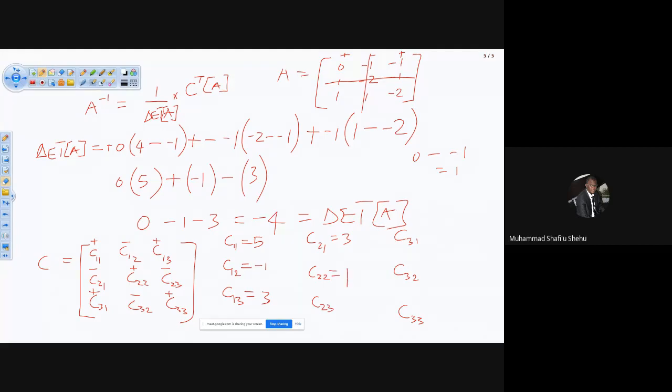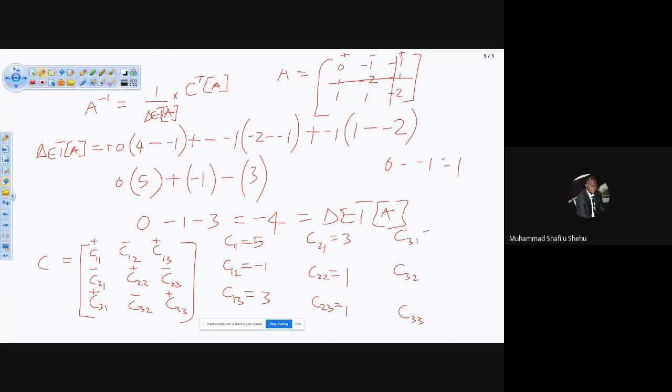Then matrix 2, 3 is going to be row 2, column 3. We are left with 0 minus 1, which is another 1.